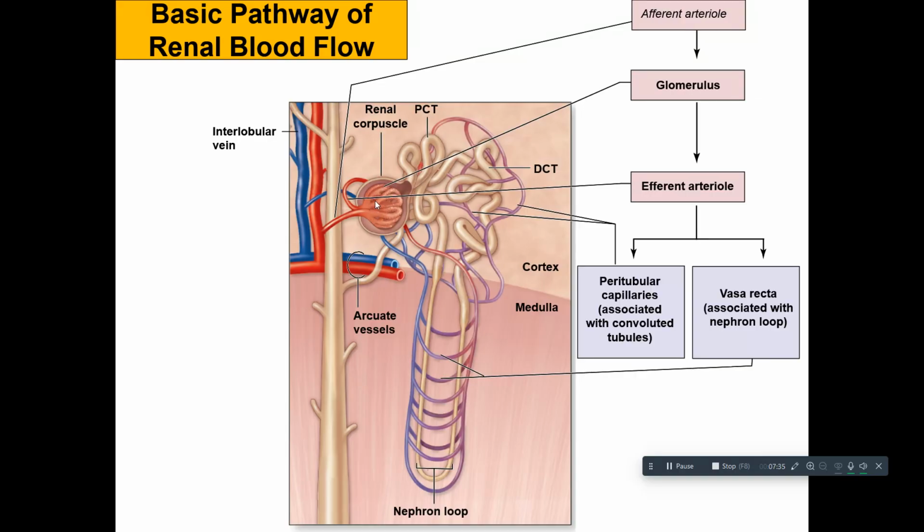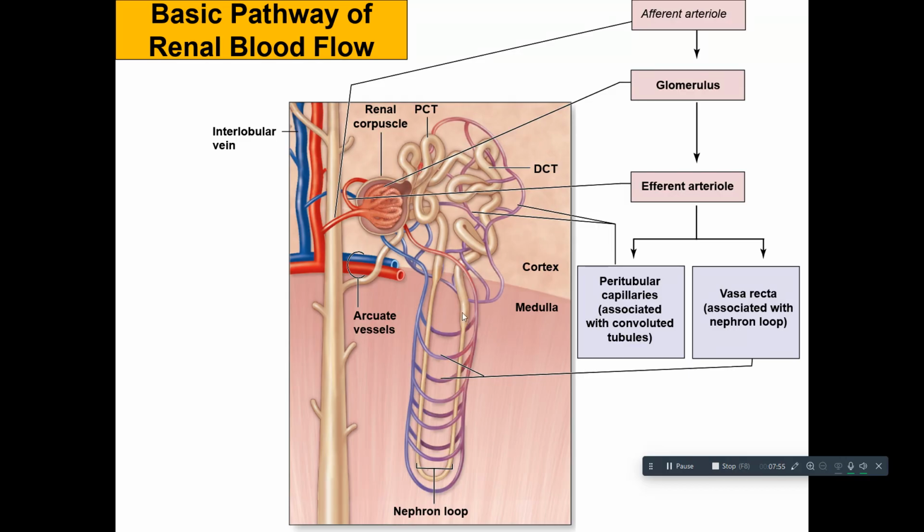The blood that doesn't get filtered, which is still about 80% of the blood volume, ends up in the efferent arteriole, which is going to give rise to either some peritubular capillaries, which are these guys right here, or a group of vessels called the vasa recta.